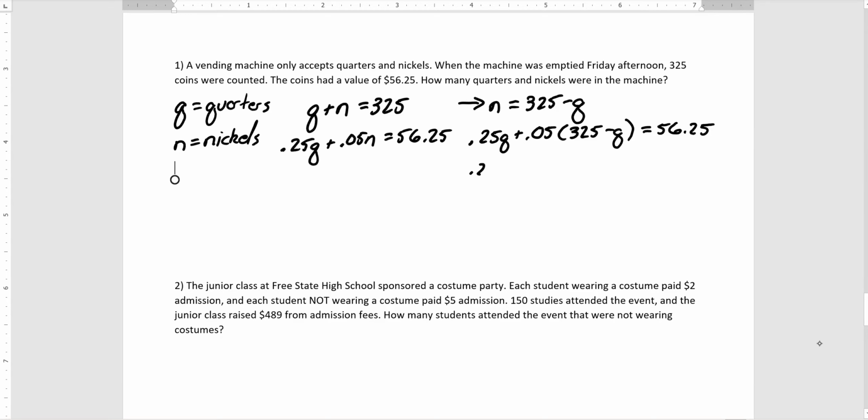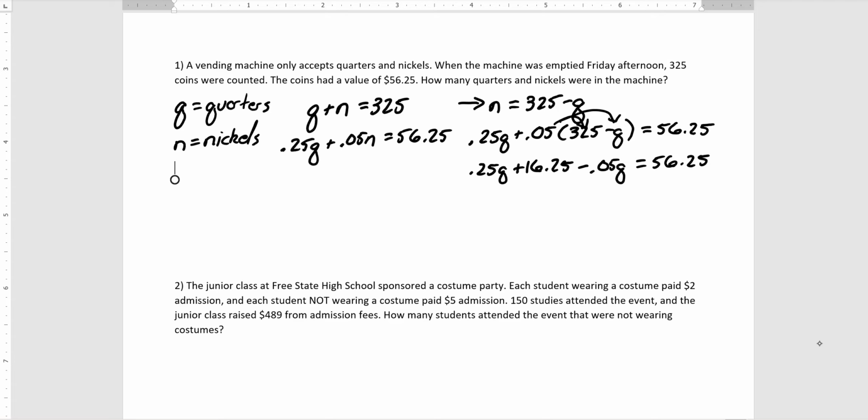So I'll say 0.25Q plus 16.25 minus 0.05Q, right, because we have to remember to distribute that 0.05, equals 56.25.